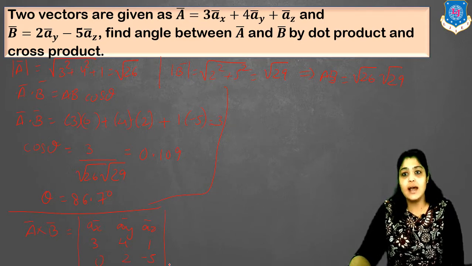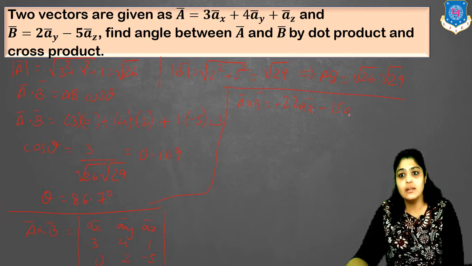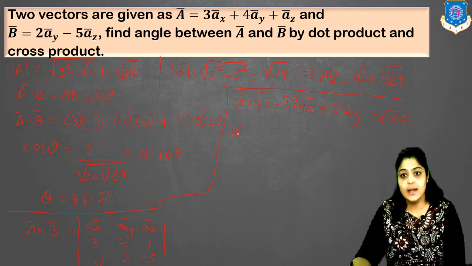So I can write A cross B as minus 22ax minus 15ay plus 6az.